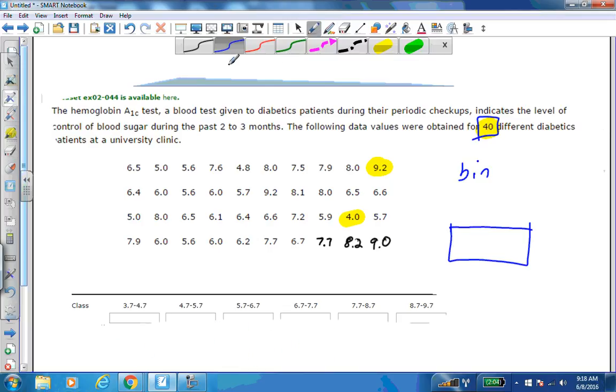So if we go through here and tally, I'm just going to look at the first column. We don't have any values in the first column between, we could do this a couple of ways. Let's just go through each data value and put a mark in the category it falls in.